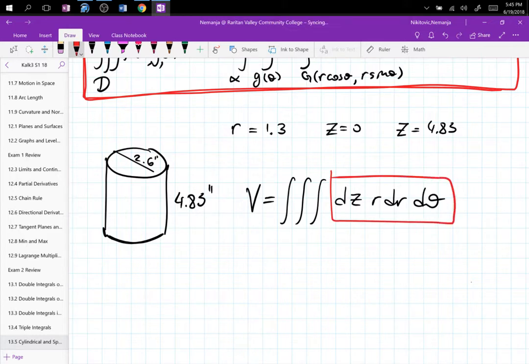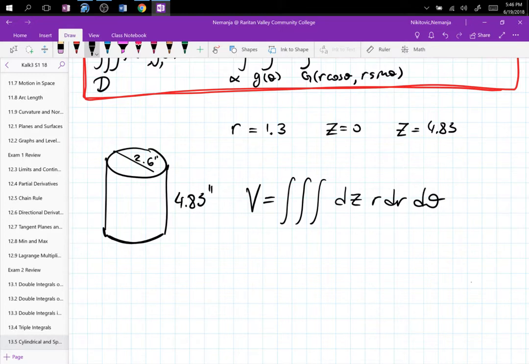For cylindrical coordinates, that's it. You can move that r in front of dz if you want to, but that's the order, and you must have that r because of polar coordinates.